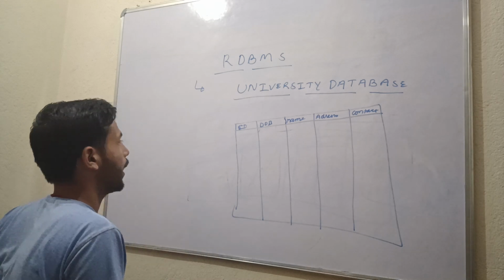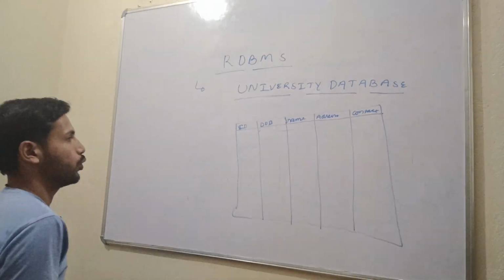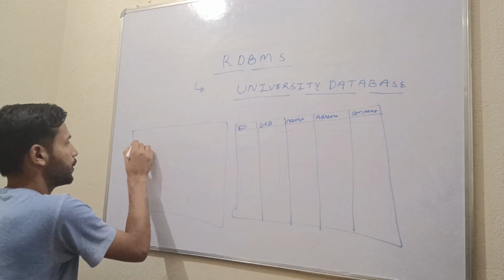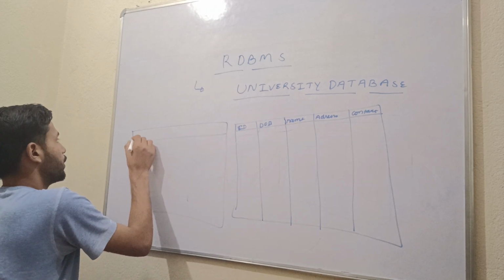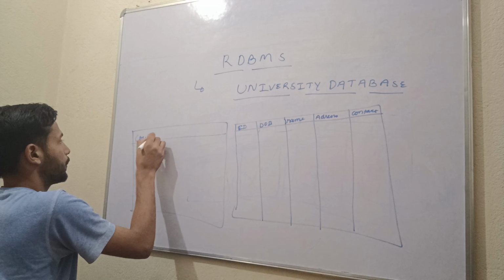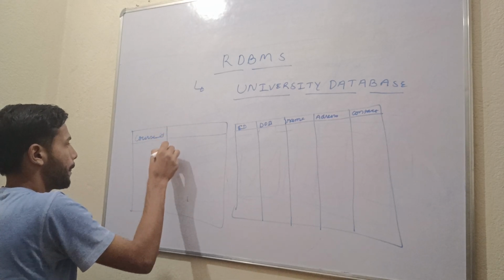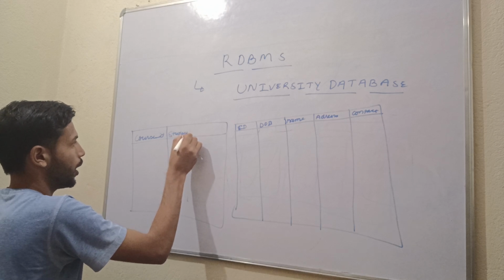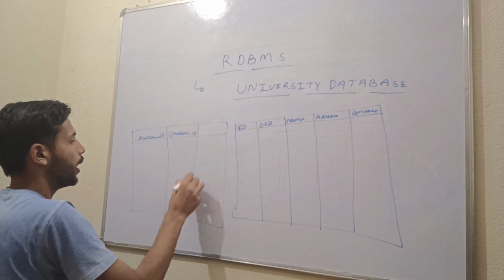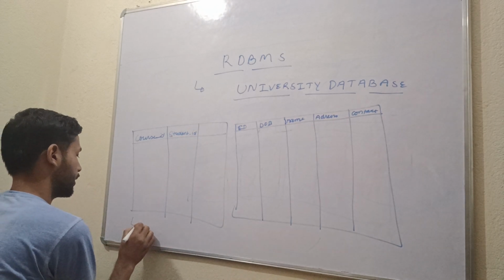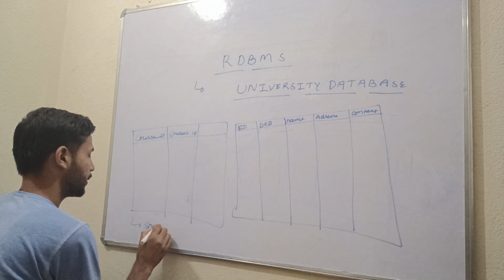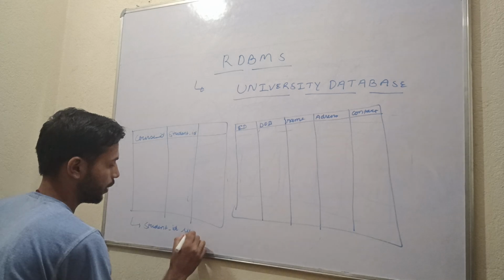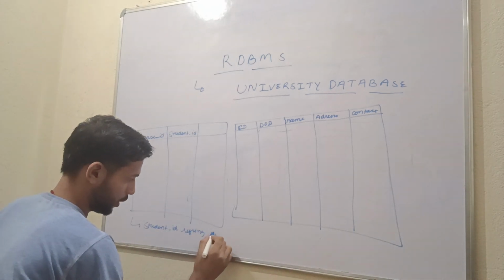Now if we have a course table, with course ID and student ID, meaning students who have taken that course. Now what we set is that the student ID is a foreign key of this table referring to the student table.